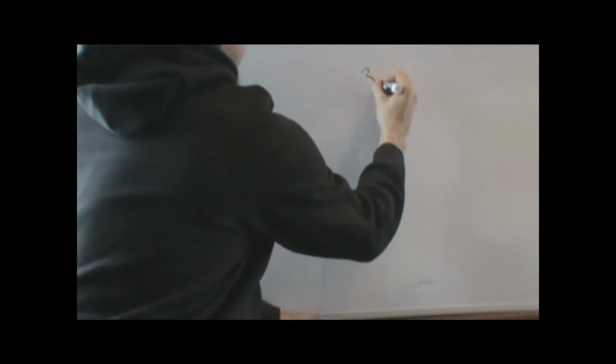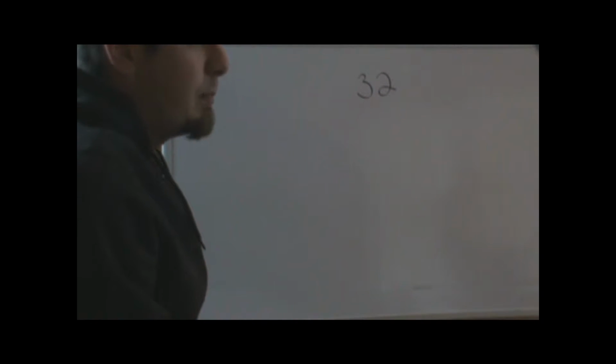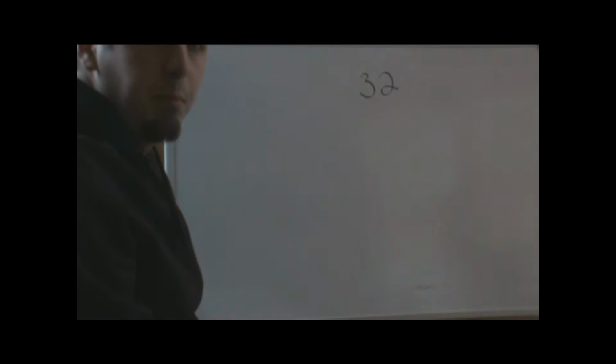When you're finding the prime factorization of a number, such as 32, it's important to understand what prime factorization is. I think a lot of people learn how to find prime factorization using a factor tree, but they never really understand what prime factorization is supposed to be.